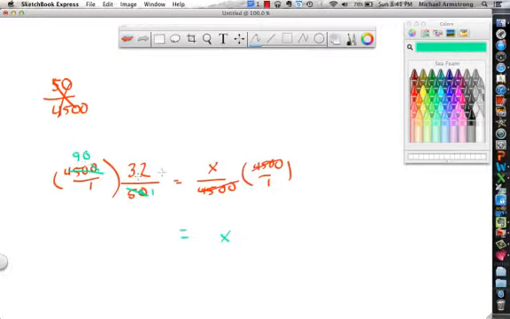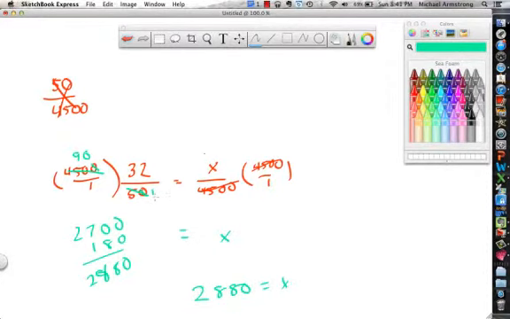And then 90 times 32. 9 times 3 is 27. 90 times 30 is 2,700, and 90 times 2 is 180. So 2,880. So 2,880 is equal to x.